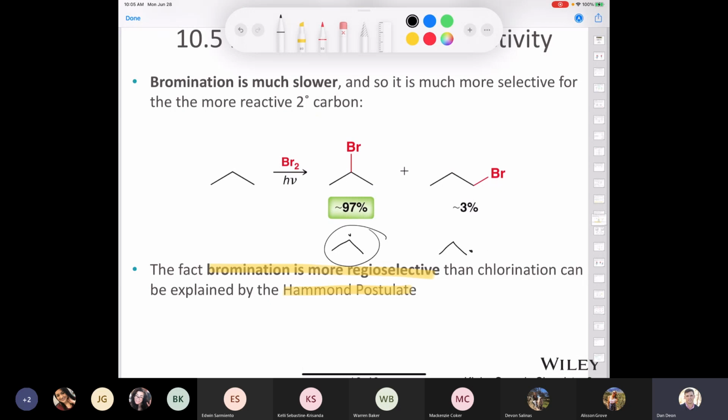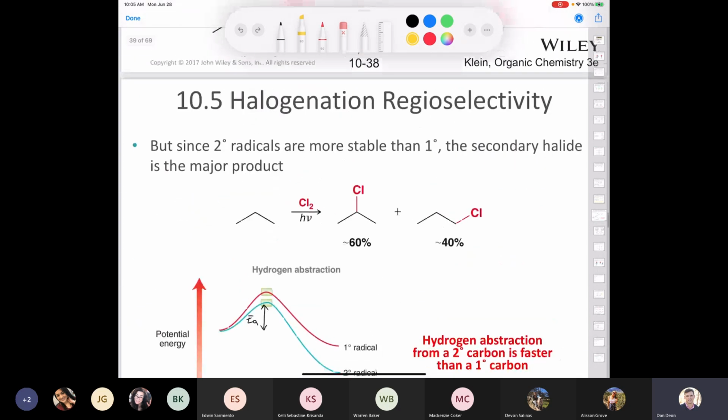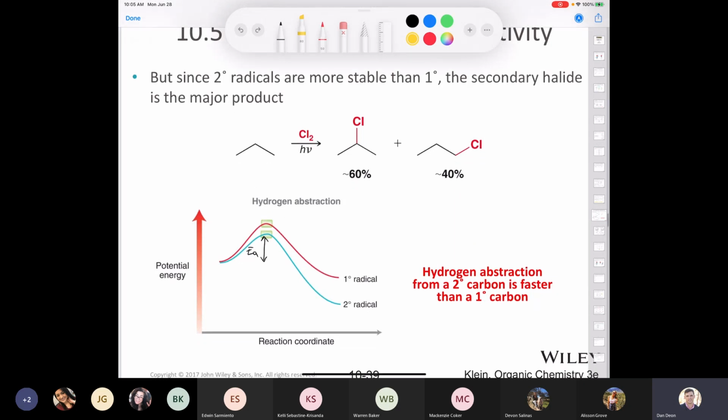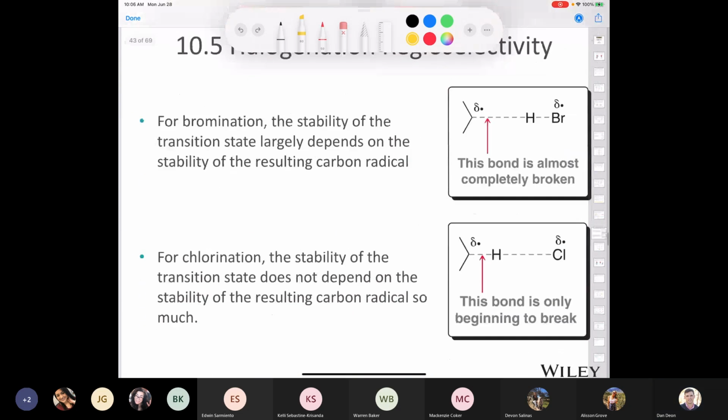But since the transition state of bromination much more closely resembles this, it's going to be much more affected by the stability of a radical. The transition state of the chlorine has partial radical character, but much less. So it's not going to be affected by radical stability nearly as much, not even close.